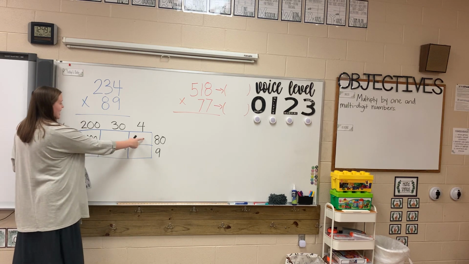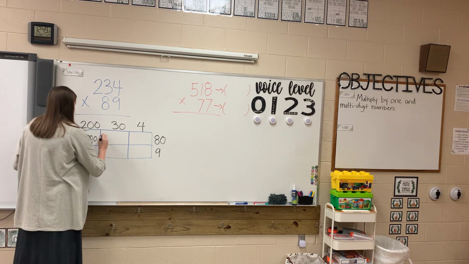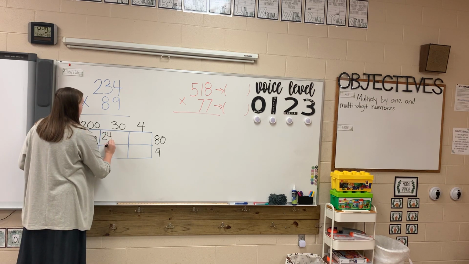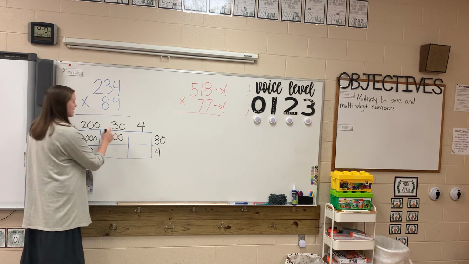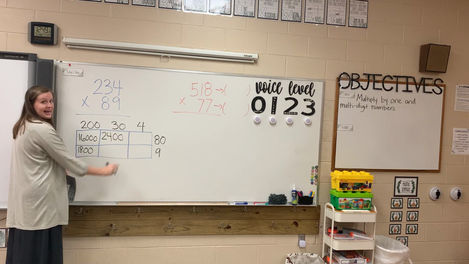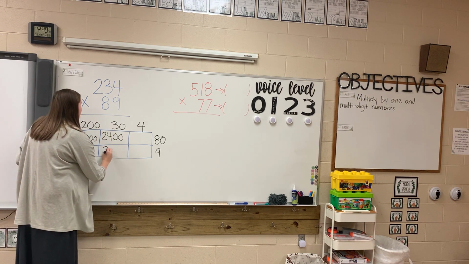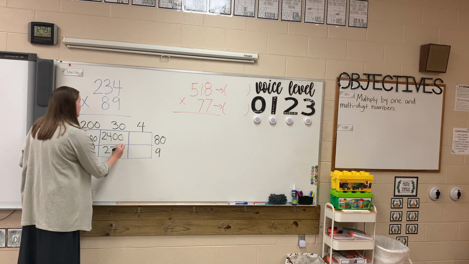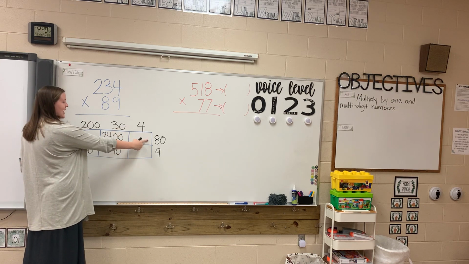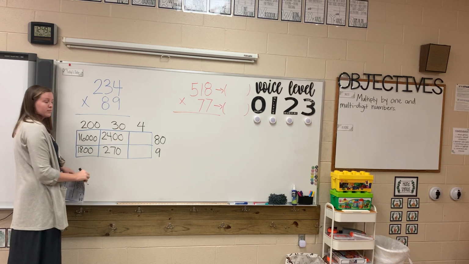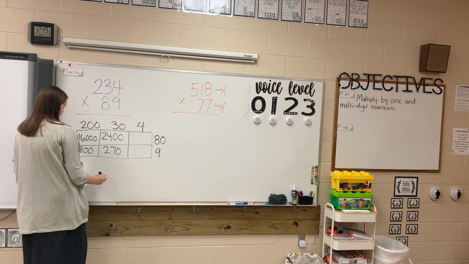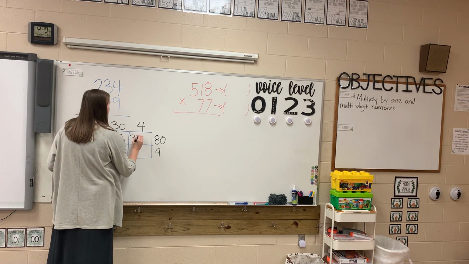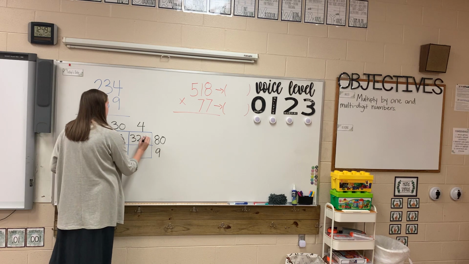30 times 80, 24 with 2 zeros. 30 times 9, 270. 4 times 80, what is 4 times 8? 32 with 1 zero.